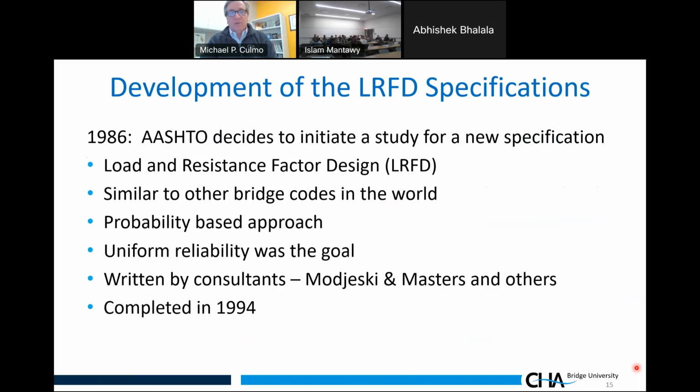The world was going to load and resistance factor design, or LRFD, and the bridge committee felt there was a need to update the bridge code or specification to LRFD. Around the world, countries like Canada had already done this, Scandinavia had already done this, and I think Europe as well. So the understanding was that we were falling behind the rest of the world, so we needed to update the specification.